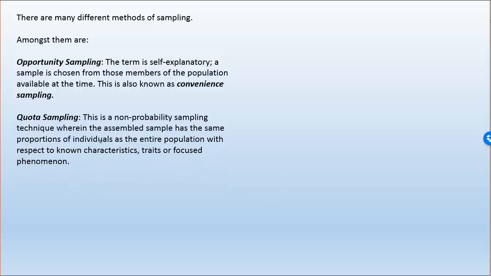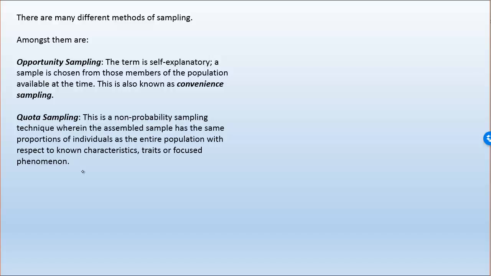Quota sampling. This is a non-probability sampling technique wherein the assembled sample has the same proportions of individuals as the entire population with respect to known characteristics, traits, or focused phenomenon. So this might happen, for example, at a supermarket where you get people trying food.